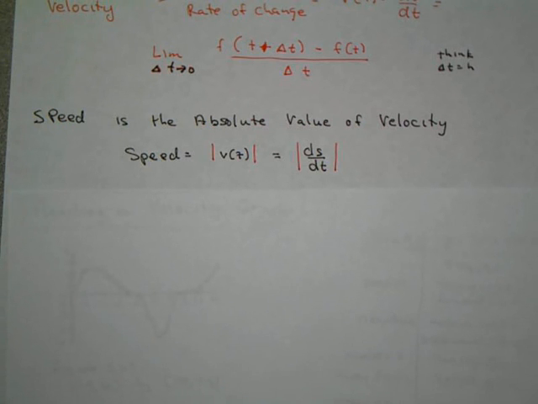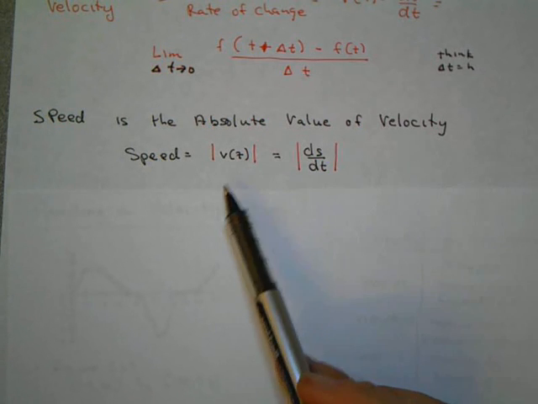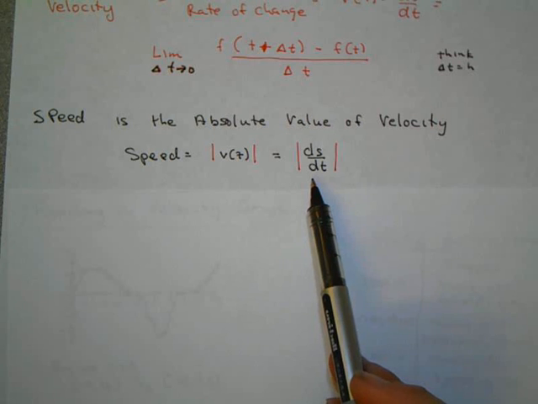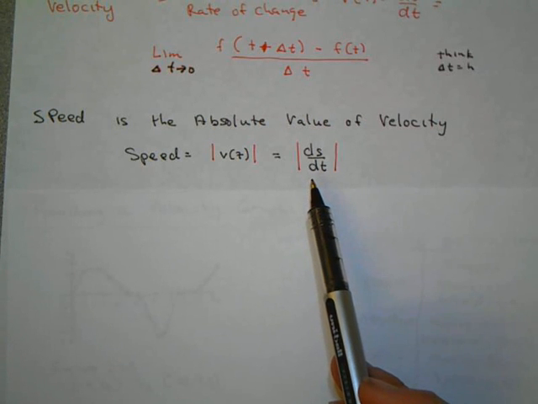Now let's look at speed. We've talked about velocity being an instantaneous rate of change. Velocity has a sign. If it's positive, the change is accelerating, you're going faster. If it's negative, you're slowing down.